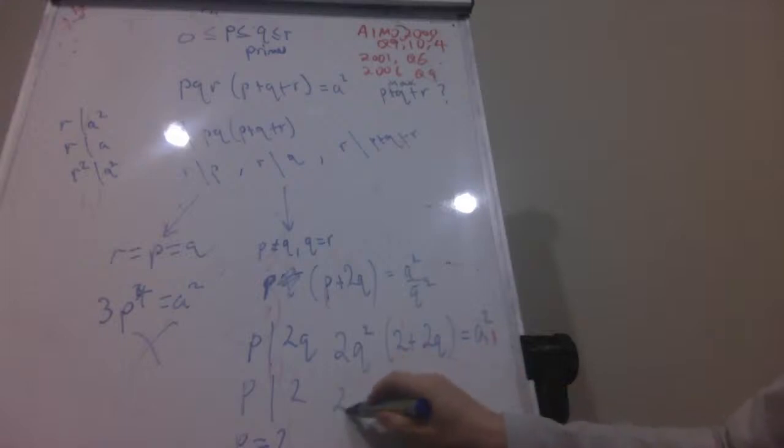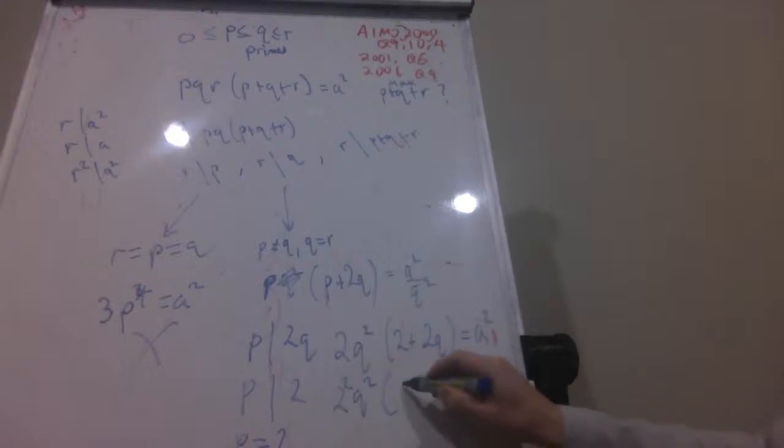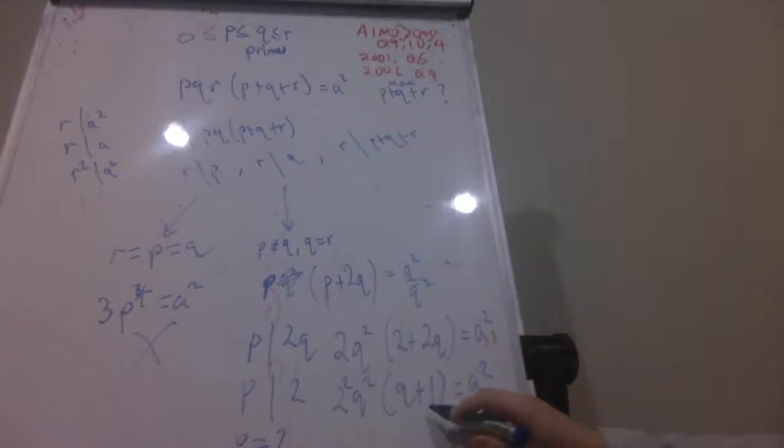So that's 2 squared Q squared times Q plus 1 equals a square number. So Q plus 1 has to be a square. So what squares are 1 plus a prime?